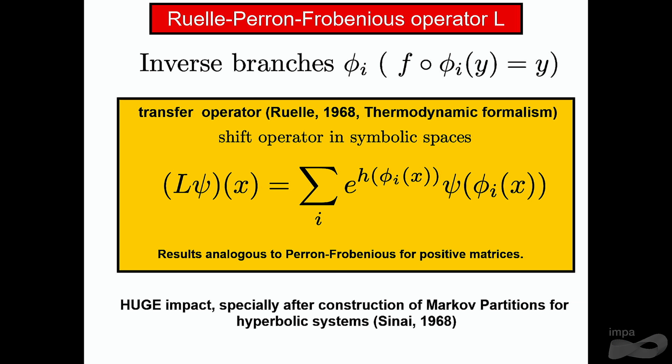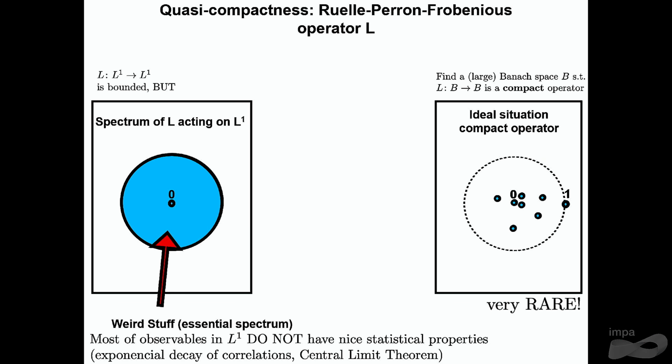So putting together these two things, you can sometimes, or at least partially, reduce the study of smooth ergodic theory, say of an Anosov map or something like this, to the shift operator. And you use the transfer operator for the shift operator, the Ruelle results, to conclude something about, say, an Anosov map. Okay, so that was revolutionary.